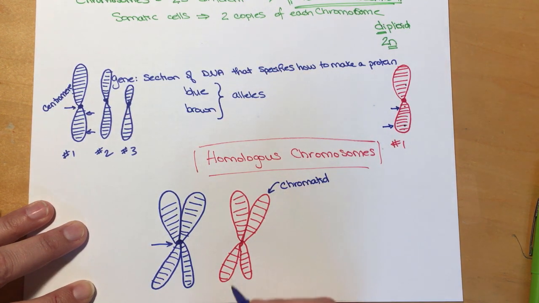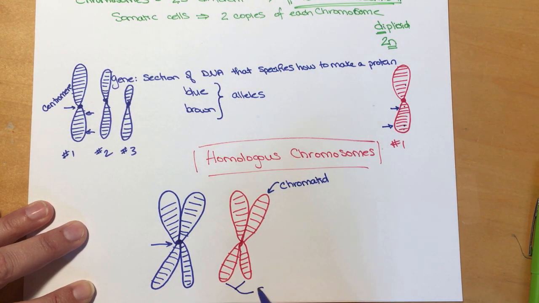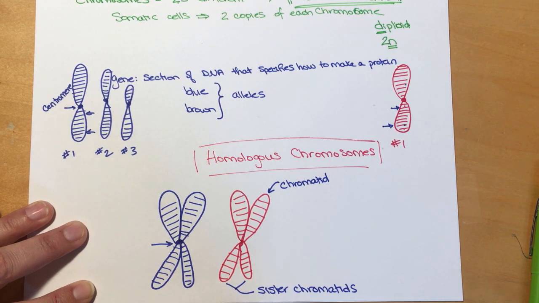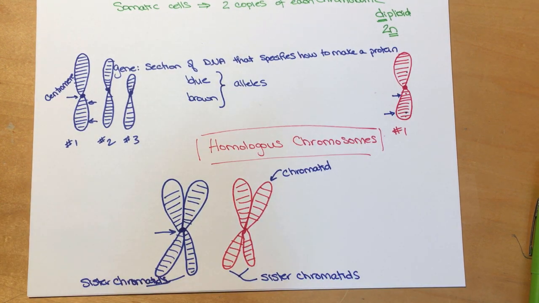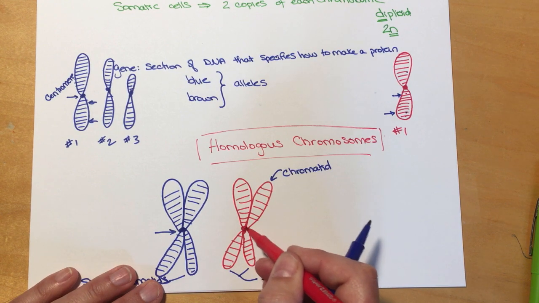These two together are called sister chromatids. They are genetically identical. These two are called sister chromatids. Also genetically identical, because we've copied one to make the other.